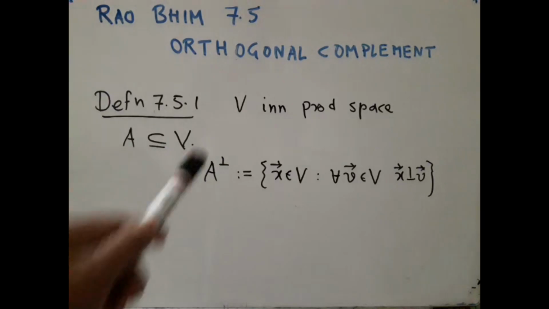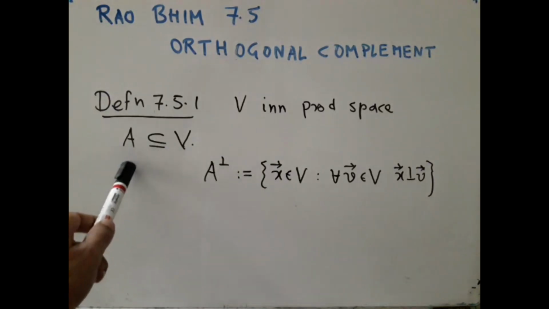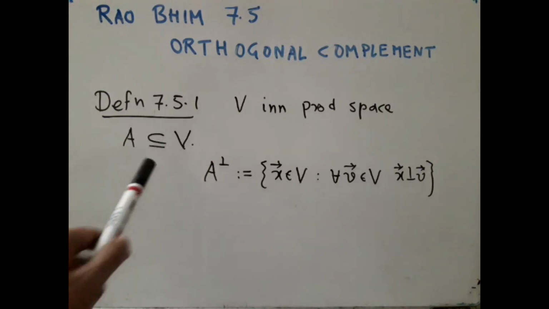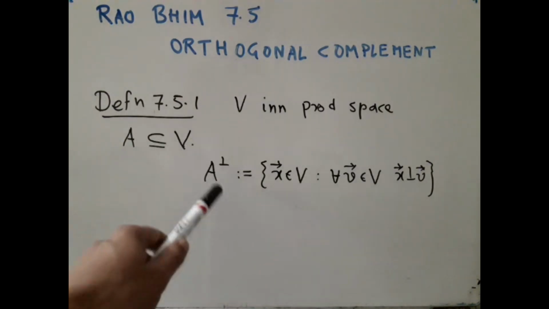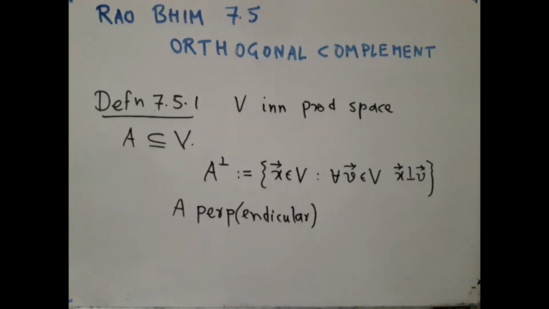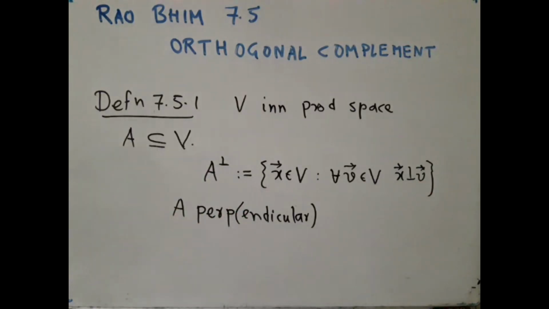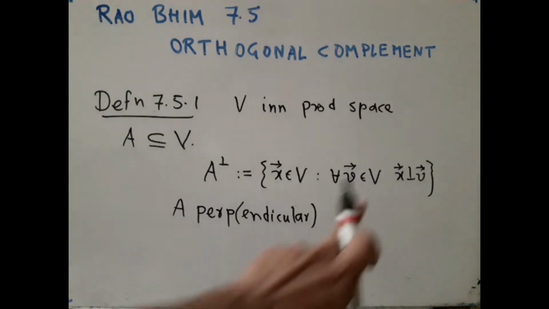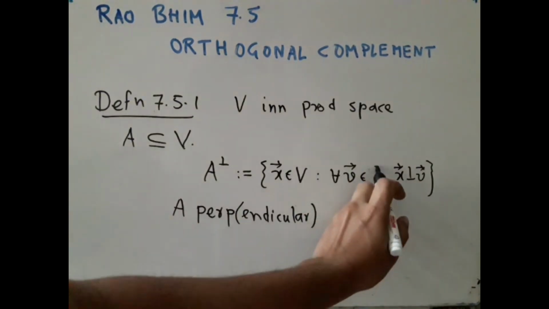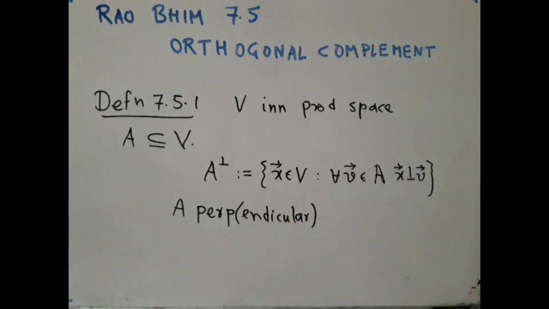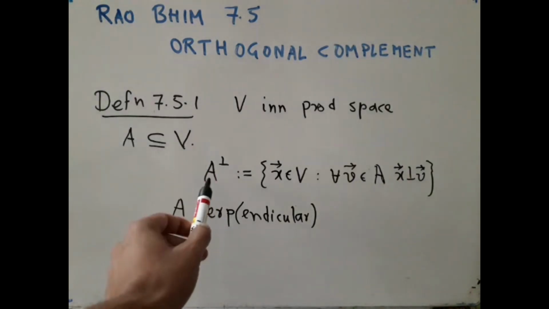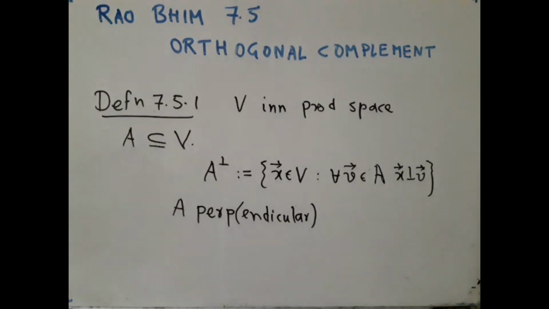Suppose I start with an inner product space V and any subset, not necessarily a subspace, of V. Then I define this set which is called A perp, short form for A perpendicular, which is defined as another subset of V consisting of all those vectors in V which are perpendicular to, or orthogonal to, all vectors in A. So whatever vector you take here will be perpendicular to whatever vector you take there. That is called A perp.